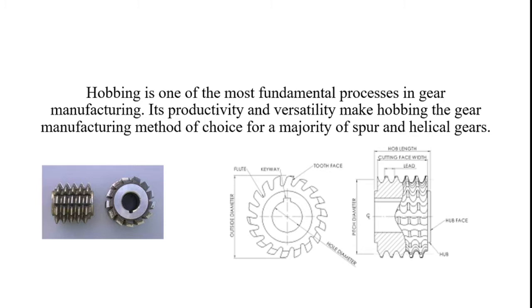In those there is no cutter length, but the hob has its own length, so that it undergoes the lead and the helix angle, and it has a hub face for fixing the tool on the arbor of the gear hobbing machine. So these are all the cutter nomenclature available with the gear hobbing tool.